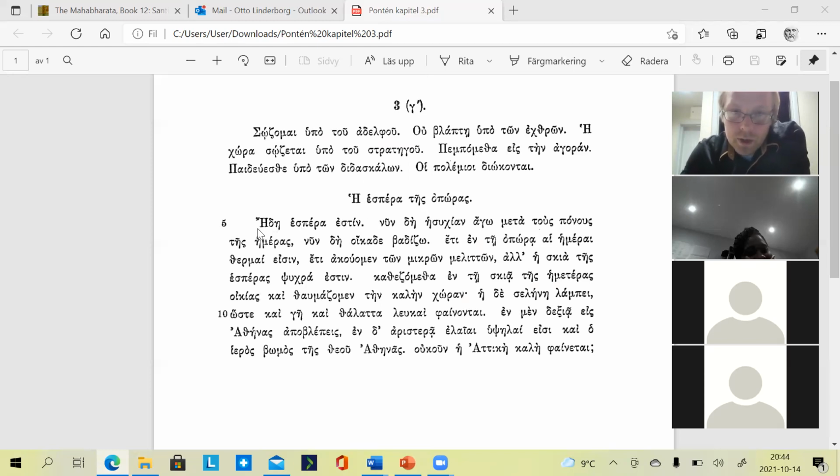Okay, then this first sentence here. Ede hespera estin. What does it mean? So ede is an adverb, means already. Could mean already, for instance.